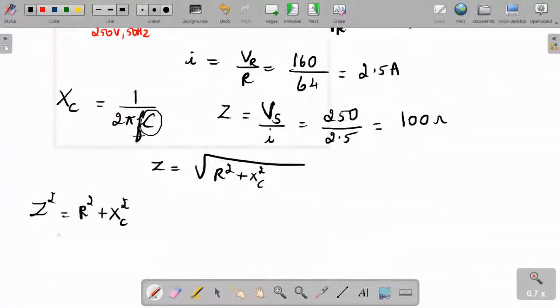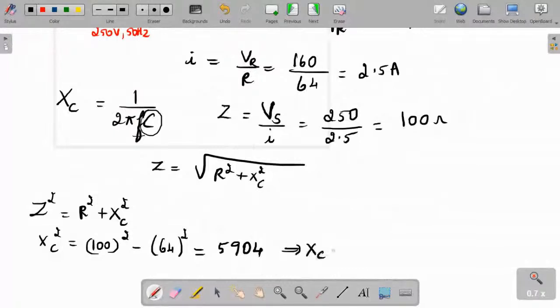So from this, what is XC square? Z square, which is 100 the whole square, minus R square, where R is 64 ohms, 64 the whole square. So XC square will be equal to 5904. From this, if you take the square root, XC is 76.837.